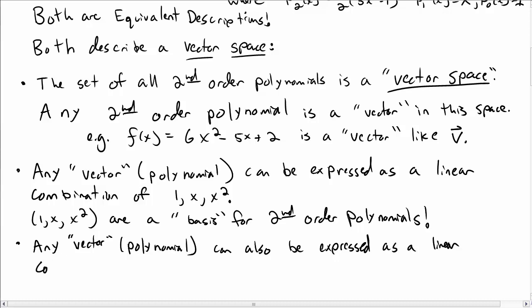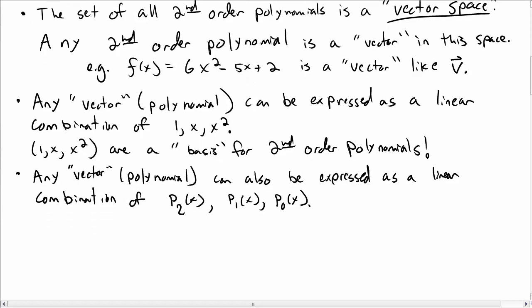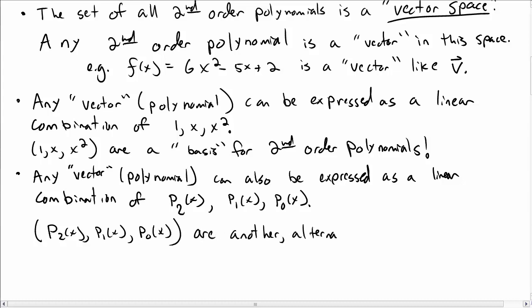So it can be expressed as a linear combination of the Legendre polynomials, say p2 of x, p1 of x, and p0 of x. Because of this, we say that p2 of x, p1 of x, and p0 of x are also a basis. They're an alternative basis for second-order polynomials.